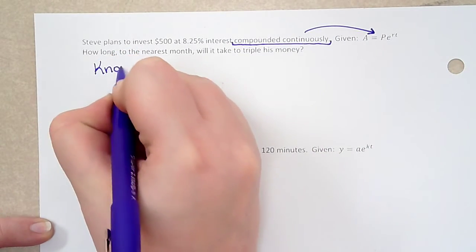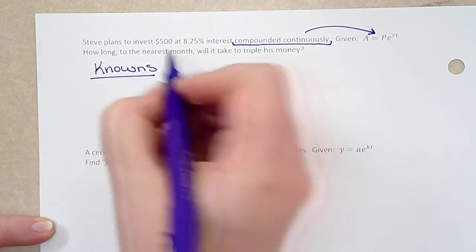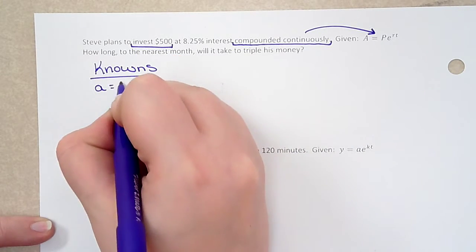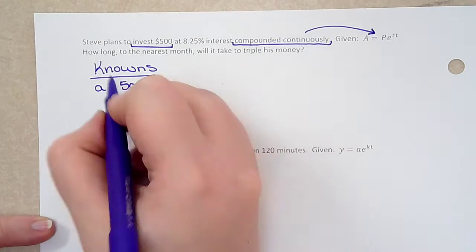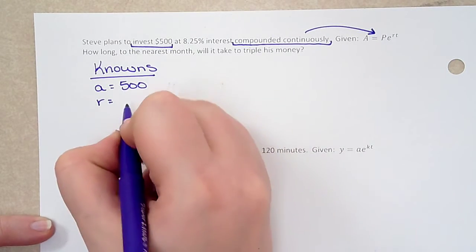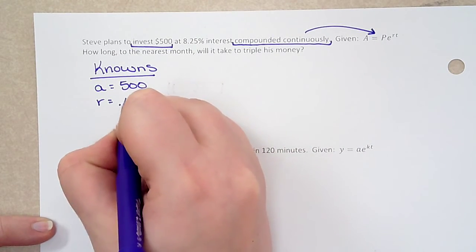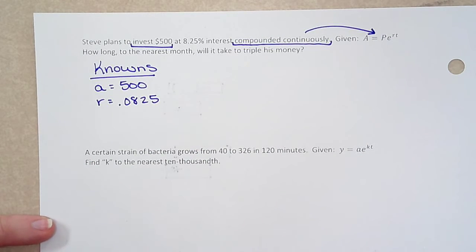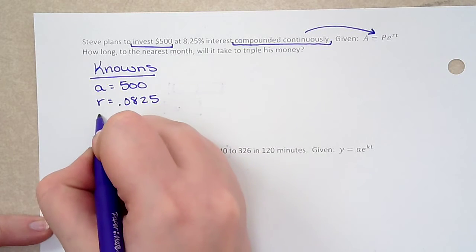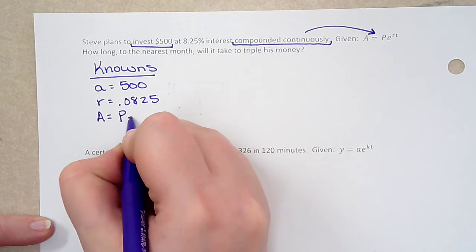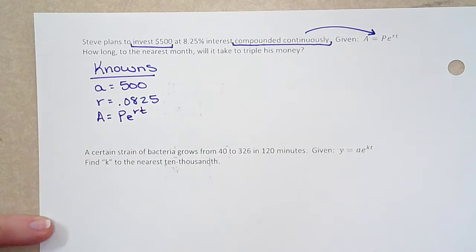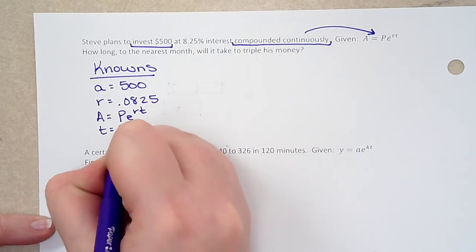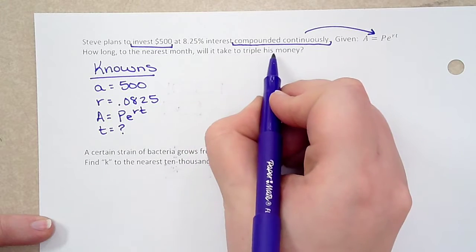So let's start with our knowns. If he invests $500, that's an initial amount. That is the amount that he put in. The rate, it says, is 8.25, but when we transfer that to a decimal, we get 0.0825. We obviously know the formula, but we actually know one other thing here. It says, how long to the nearest month will it take to triple his money?